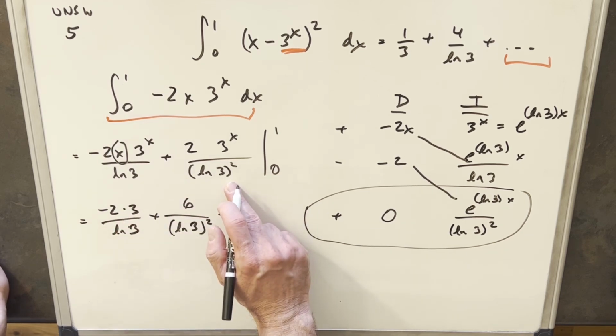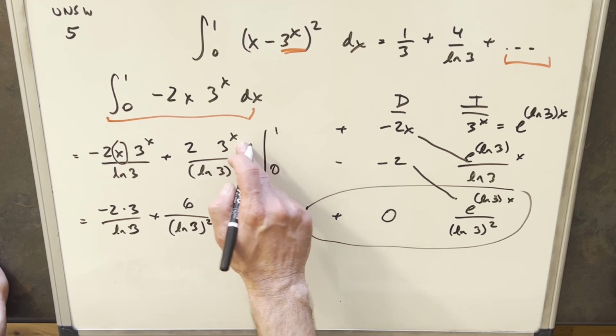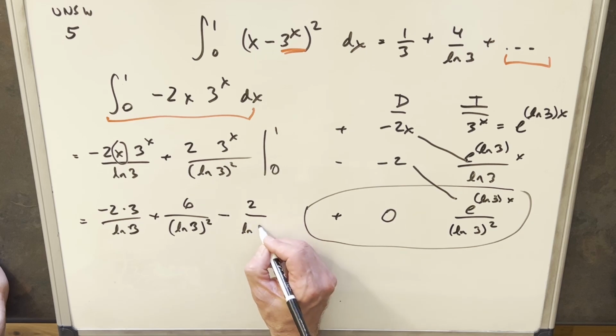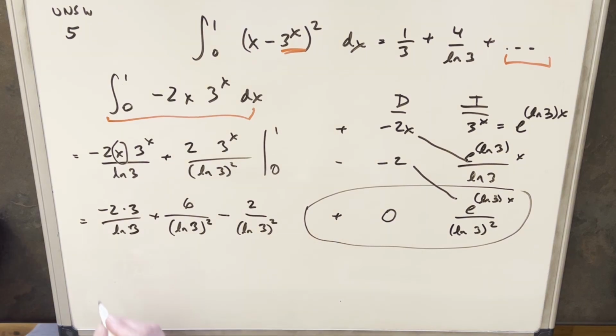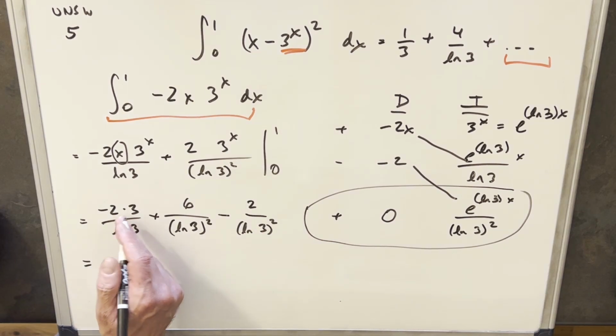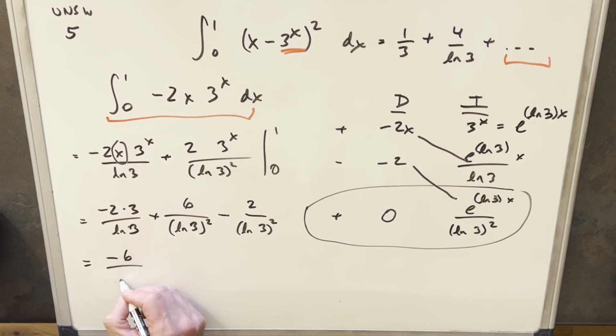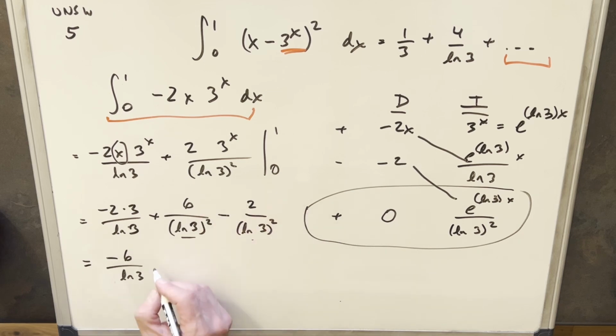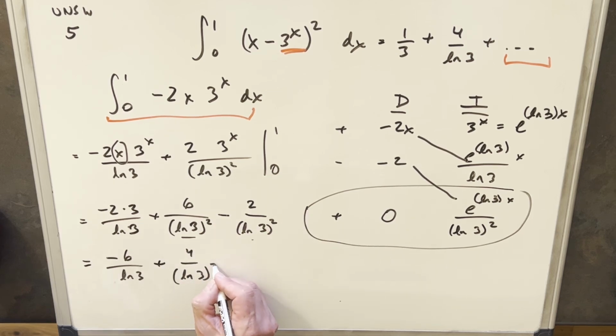We just need to worry about the second one. We plug a 0 in for 3 to the x, we get a 1, so we just have 2 over ln 3 squared. Just a little simplification: this is going to be minus 6 ln 3, and then we have the same denominator here. So 6 minus 2, we have plus 4 over ln 3 all squared.